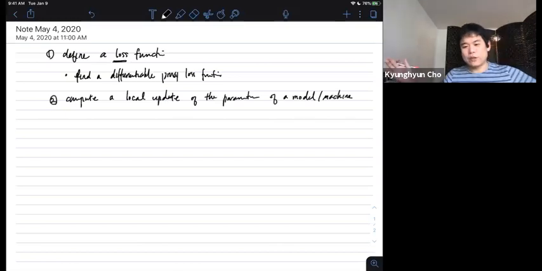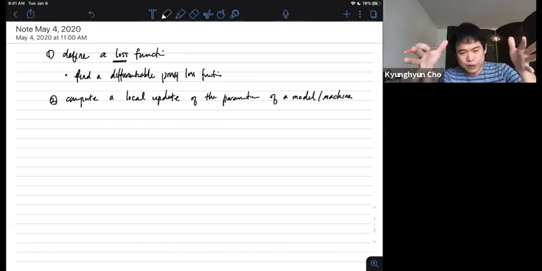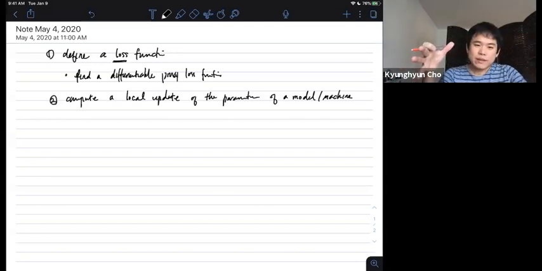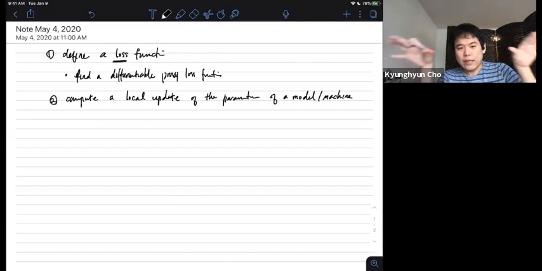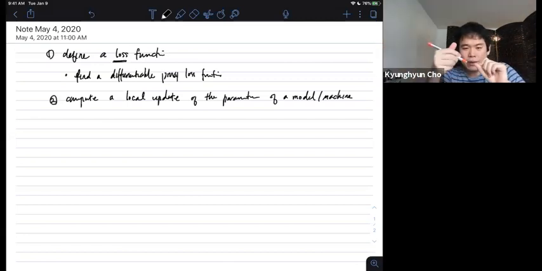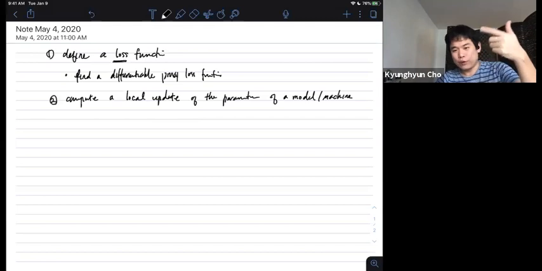So at the end of the day, we want to end up with some kind of machine that solves a problem for us. And then we need to figure out how to build this machine. And how we are going to build this machine is by looking at the data and the loss function, and based on these two, trying to compute a local update of the parameters to minimize this loss function slightly. And then we apply this local update over and over. So that's what we did.